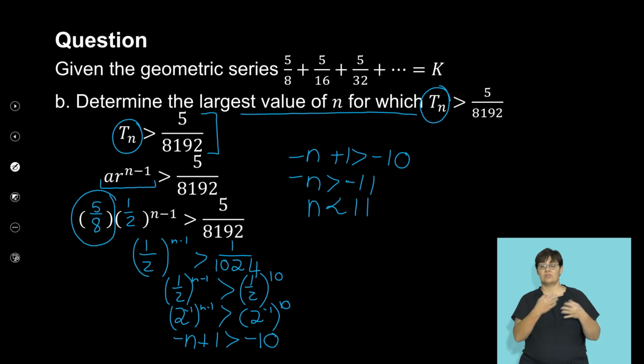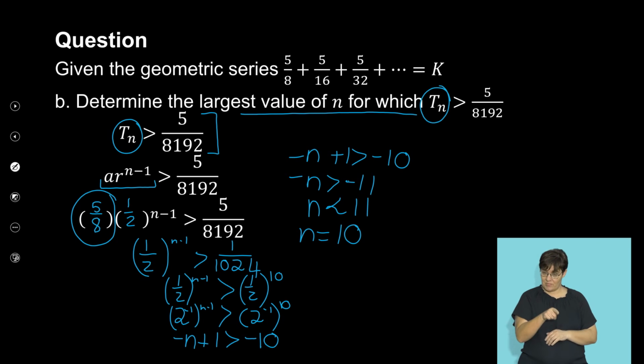So the largest value for n for which Tn is greater than 5 over 8192 would have to be 10 because 10 is 1 less than 11. So the 10th term will be the largest value of n for which Tn is greater than 5 over 8192. Great, let's move to the next example.